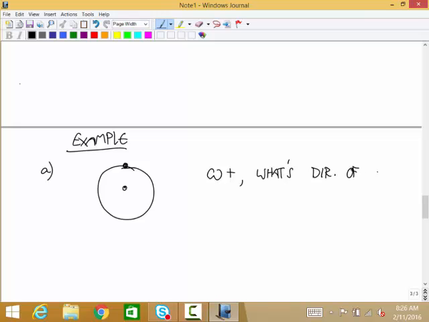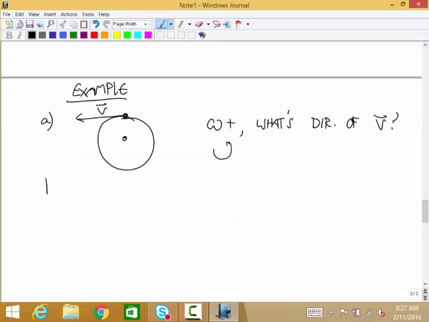What's the direction of the velocity vector? Yep. That's right, because omega positive means that it's moving counterclockwise, and so the velocity has to be this way. So there has to be that connection between the sign of the angular velocity and the direction of the velocity vector.